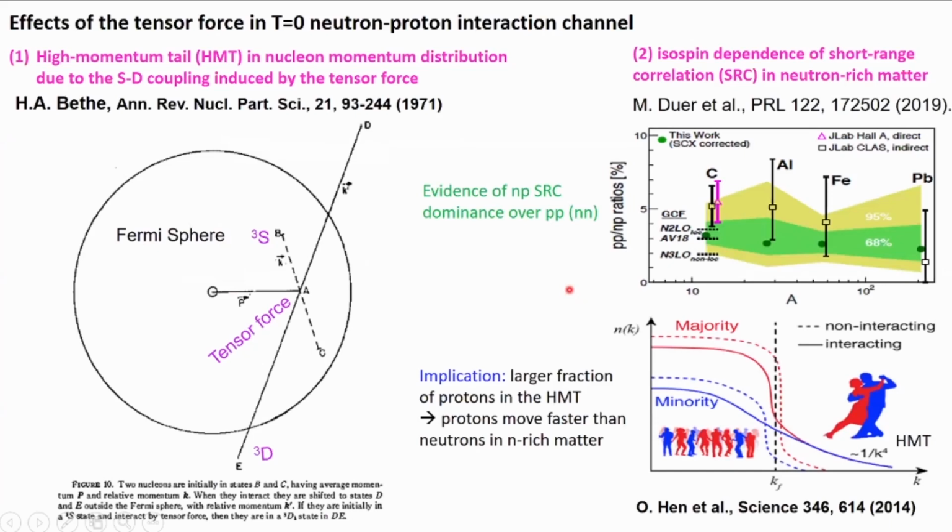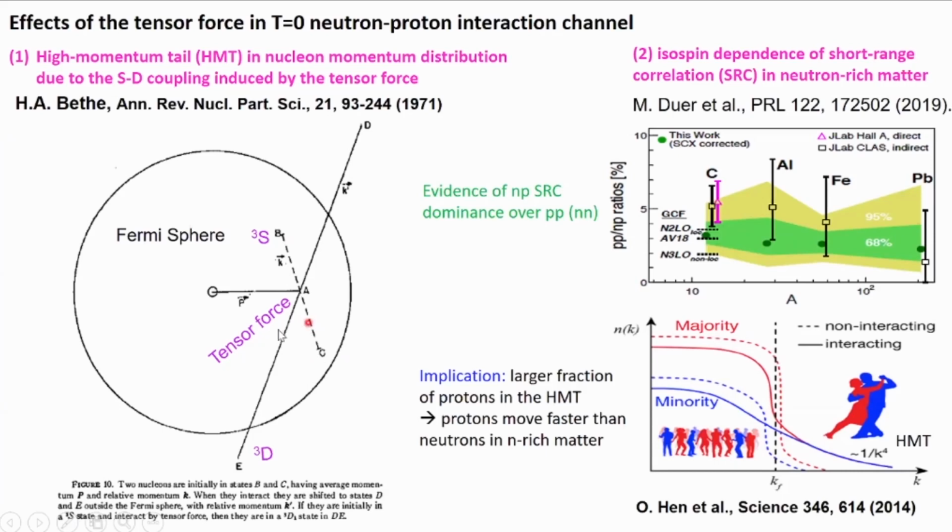There is also an effect through the kinetic part. Hans Bethe discussed this in detail in his annual review of nuclear and particle science in 1971. He was using this picture. Let's say you have a Fermi sphere here. If you have two nucleons at positions B and C, they are interacting through the S wave.